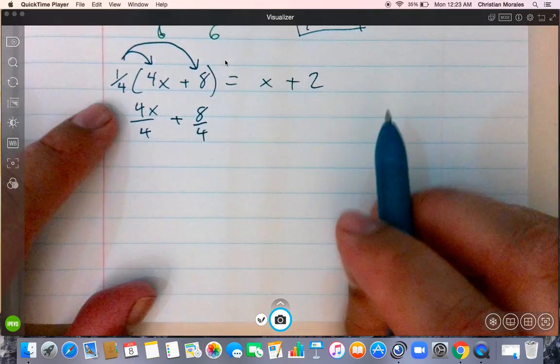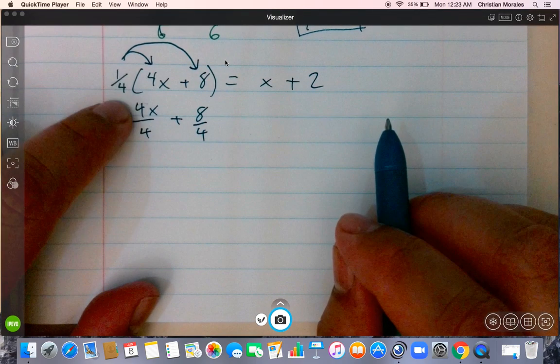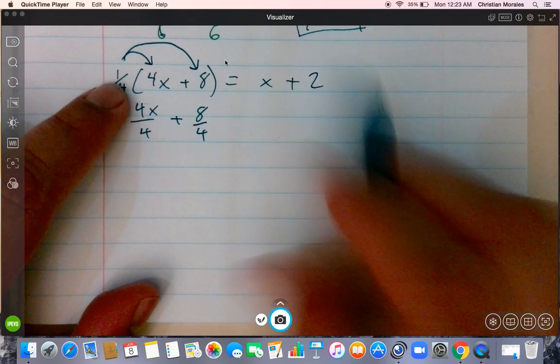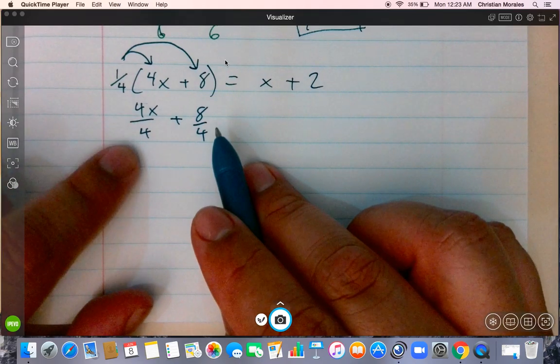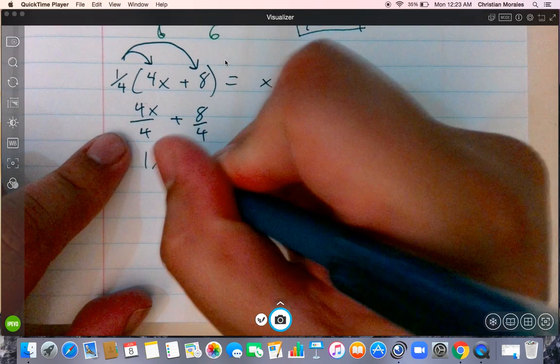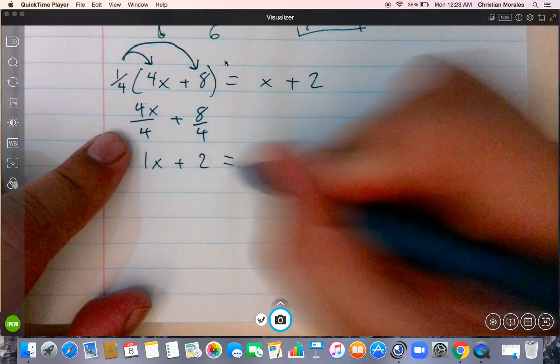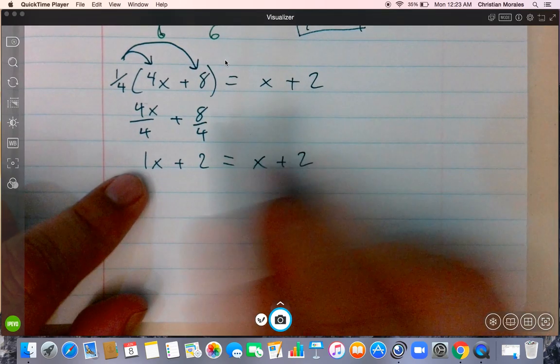So what just happened? Since you're multiplying 1/4, 1/4 times 4 will be 4 over 4. 1/4 times 8 will be 8 over 4. So you get this. You simplify it. You get 1x plus 2 equals x plus 2. Nothing changed here. We just distributed.